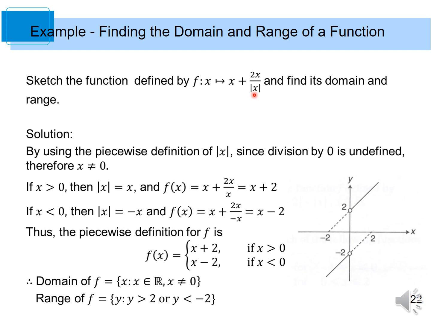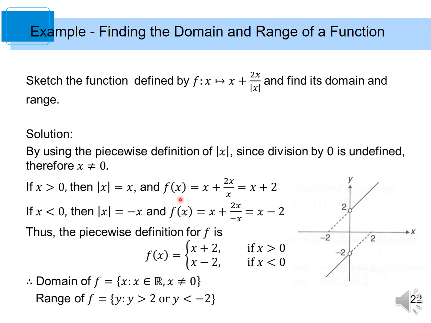So x cannot equal 0. While in the piecewise definition of absolute value of x, for the positive side, we state x > 0, not including 0.